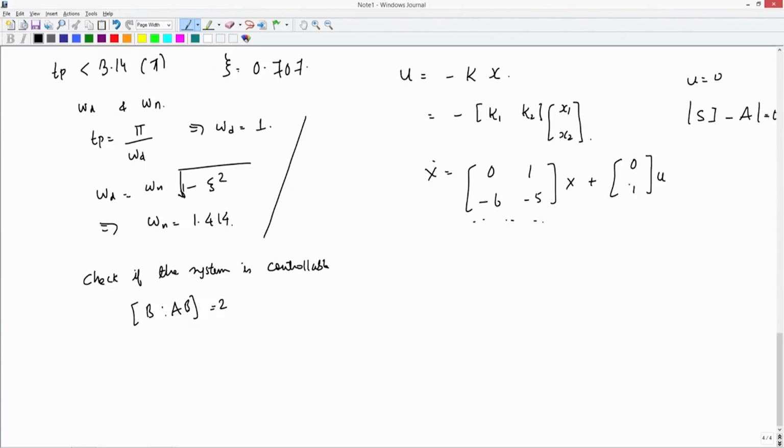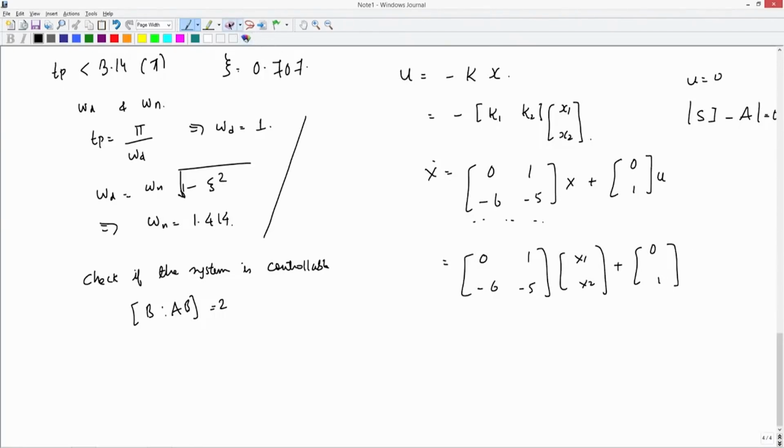So, what happens? So, if I have a u of this form, my closed loop system looks like this: [0, 1; -6, -5] times x1, x2 plus [0; 1] and u is minus kx.